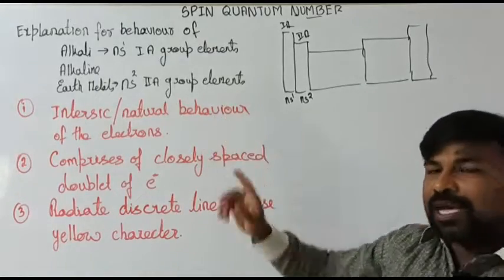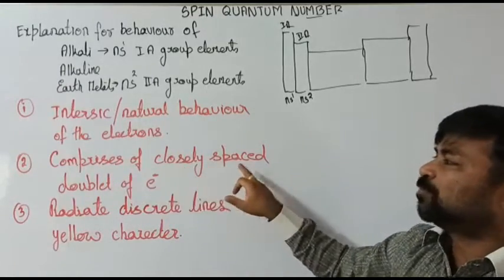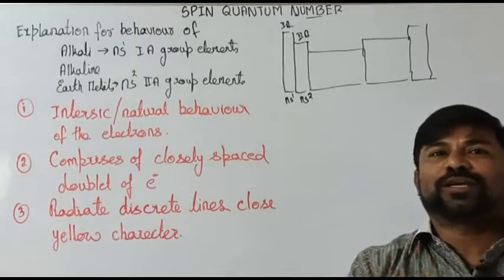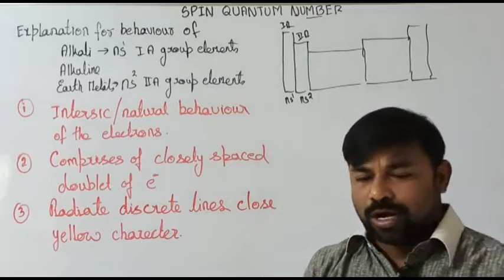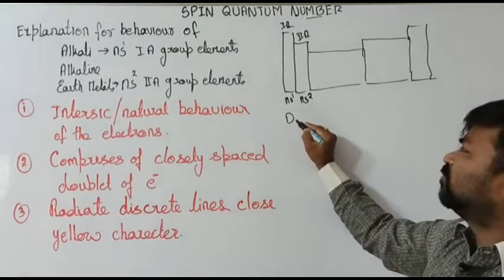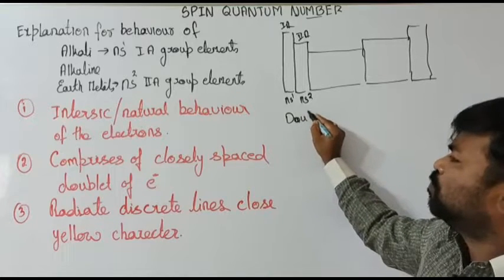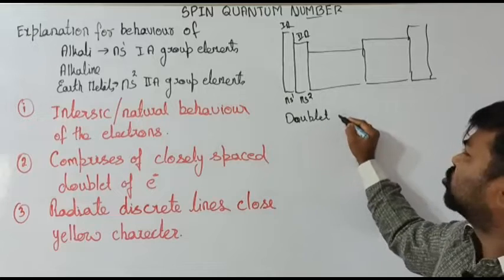So that's the first point. It is a natural behavior, and very importantly, it comprises a closely spaced duplet of electrons. What is the meaning of duplet here? Let me explain the concept of duplet here. D-O-U-P-L-E-T, duplet structure.